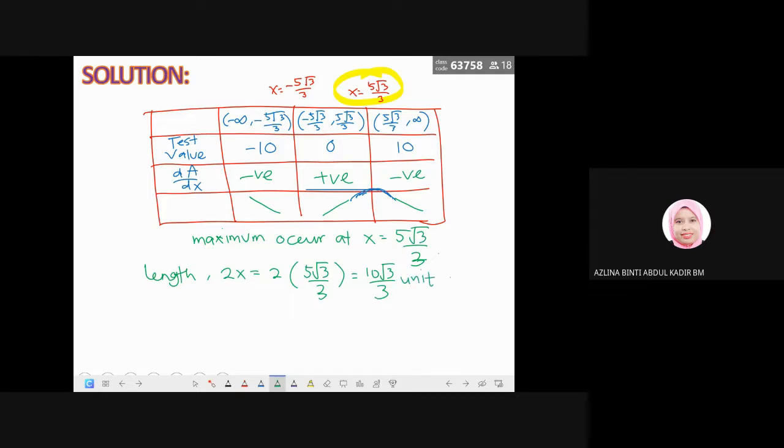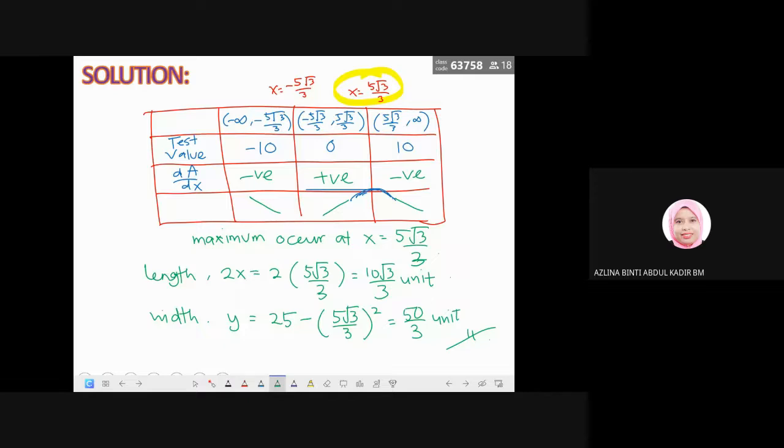Length. And then width is value of y. So y is equals to 25 minus x squared, 5 root 3 over 3 squared. Calculator. So we get 50 over 3 unit. Okay, dah siap.